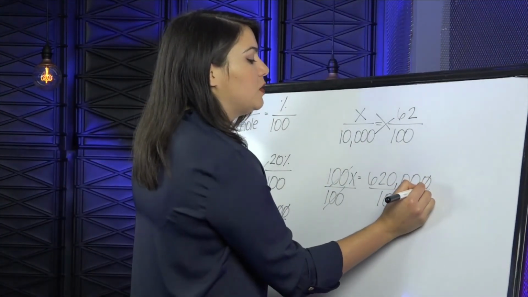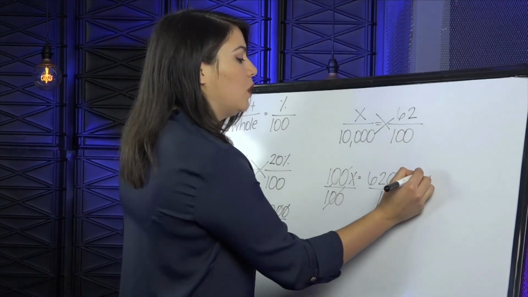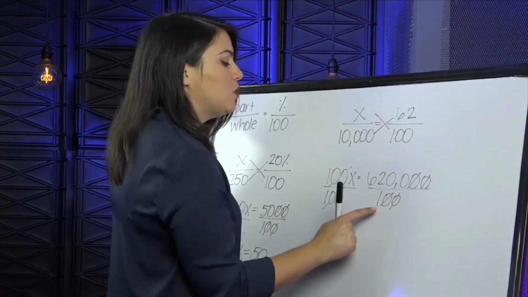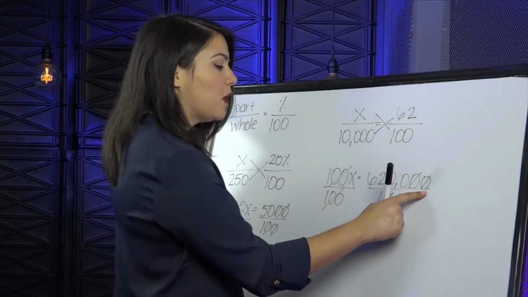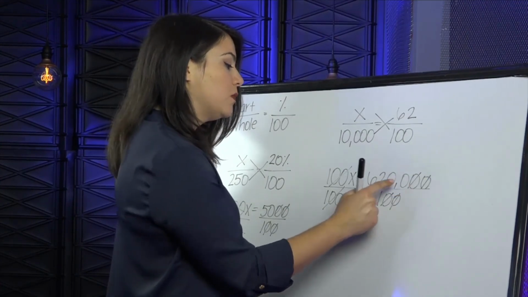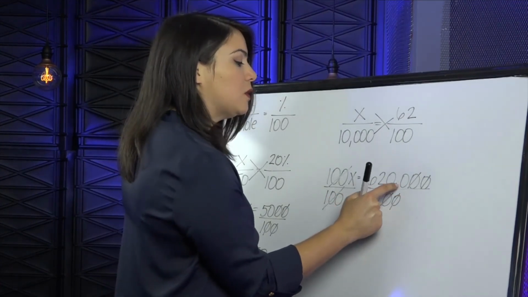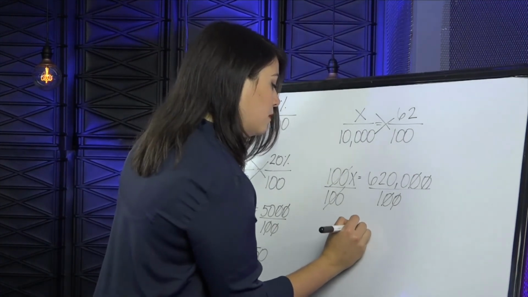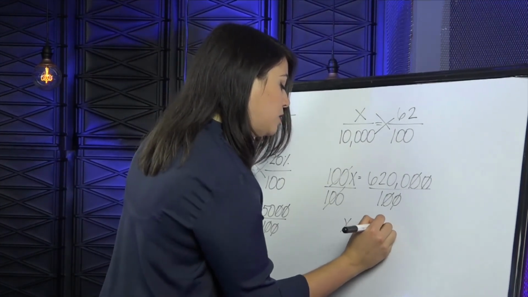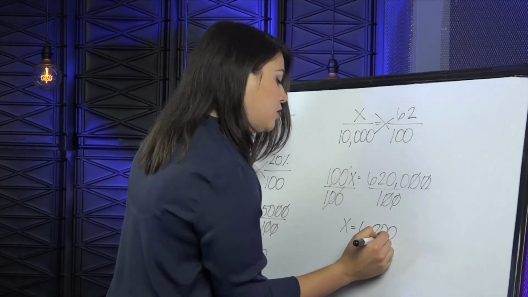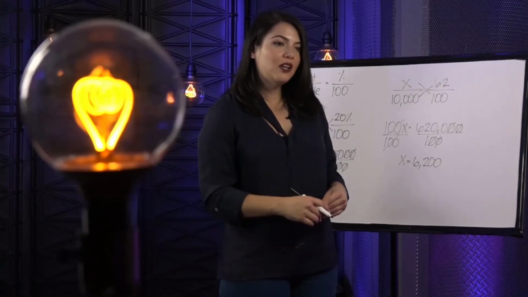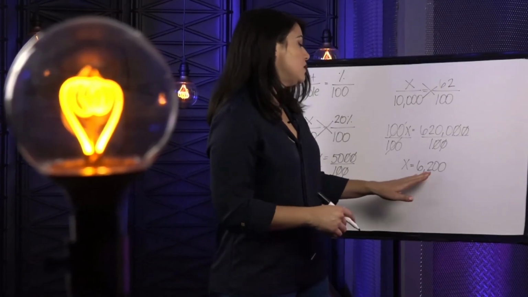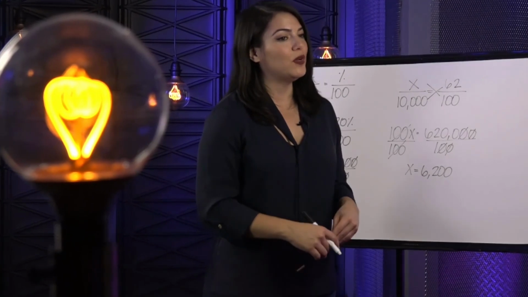And when we have zeros in common on the top and the bottom, we can cross those out. So there are 2 zeros down here that can be crossed out by the 2 zeros up here. We're left with 6200. X equals 6,200. Out of the households in Fellsmere, 6,200 of them have more than one television.